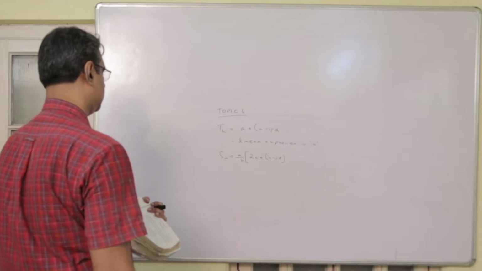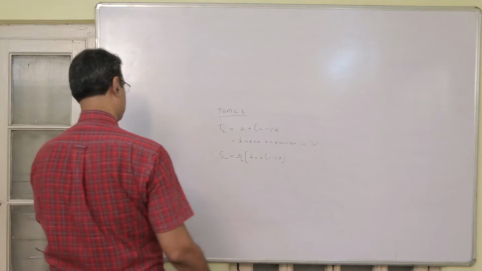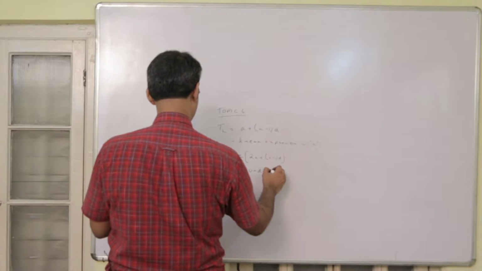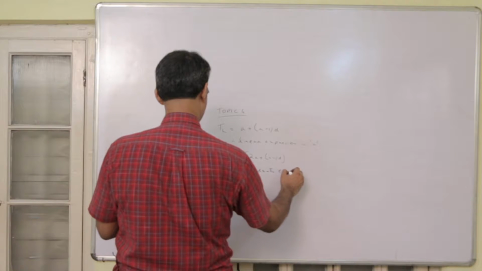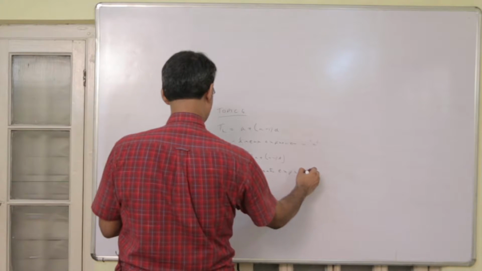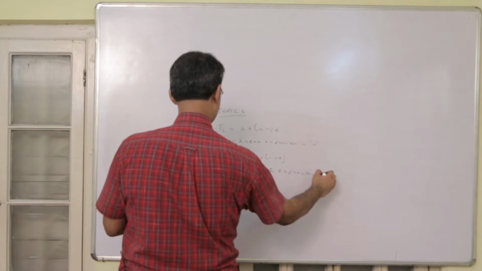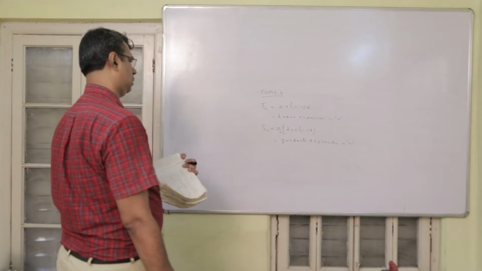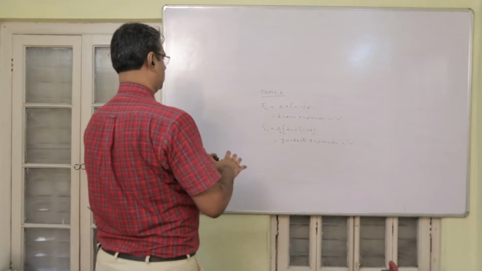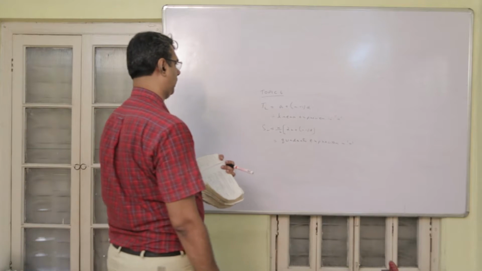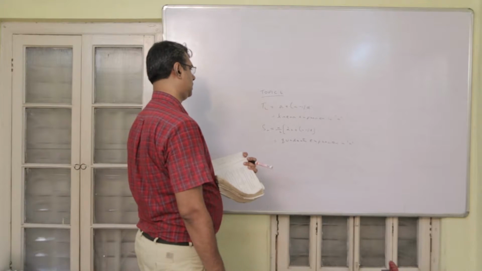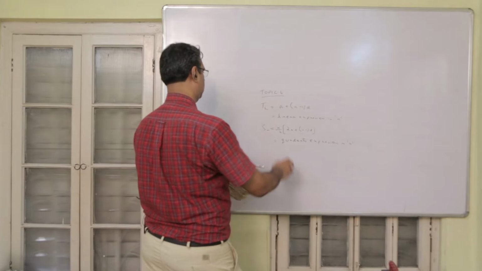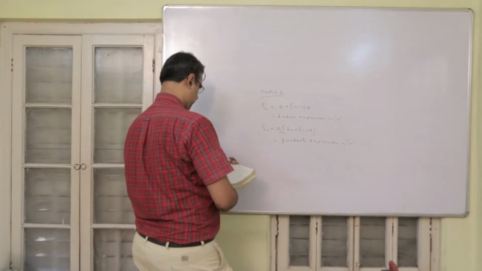And the sum to n terms is n by 2 into 2a plus n minus 1 into d. So the sum to n terms is a quadratic expression in n. This is very interesting information: in an arithmetic progression the sum to n terms is a quadratic in n, and the nth term itself is a linear expression in n.